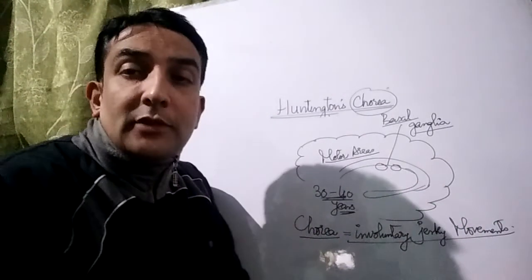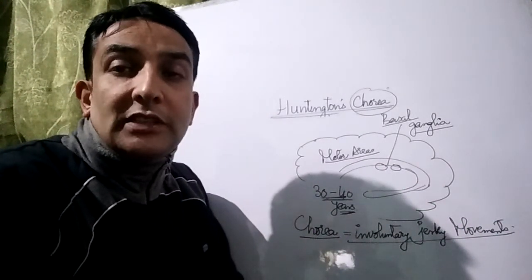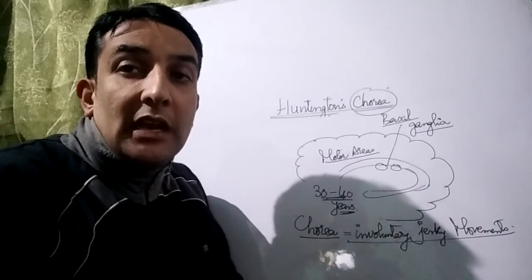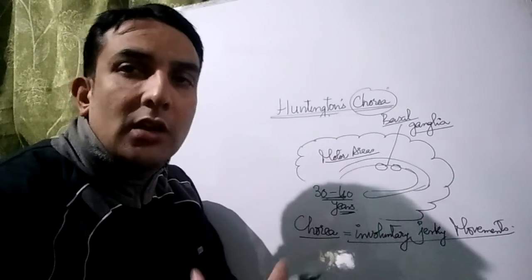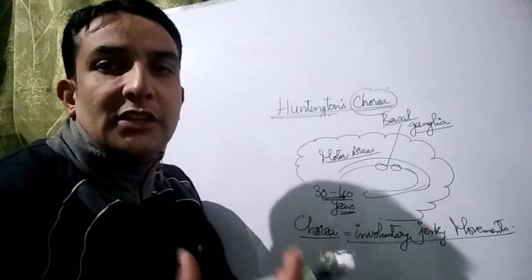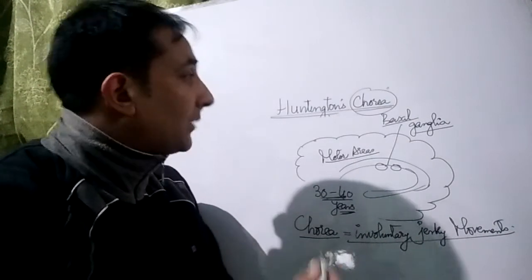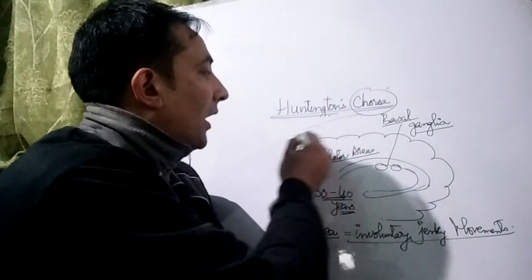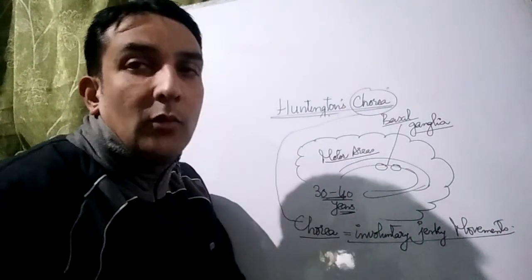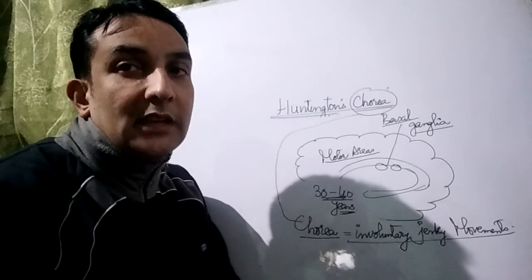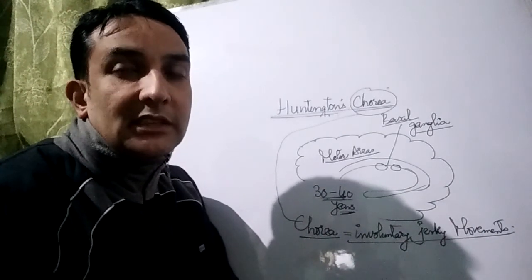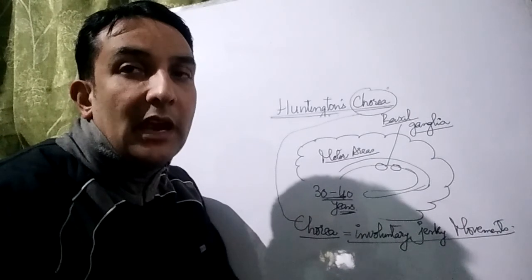As the motor areas of the brain get affected, the person suffering from this disease will show jerky movements in their body which are uncontrollable, meaning involuntary jerky movements. From that, the term chorea has been derived. Chorea means involuntary jerky movements of the body. And these are some of the symptoms which are seen in persons suffering from Huntington's chorea.